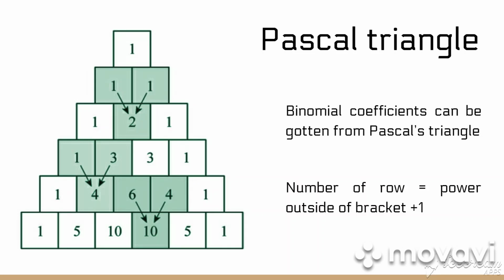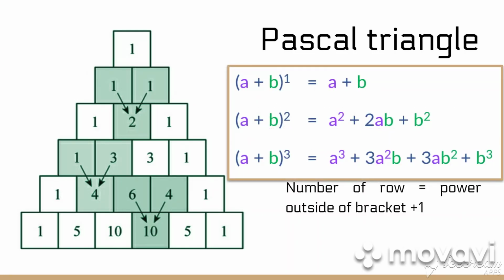But anyway, back to its connection with the binomial theorem. As I said before, it has some connection with the coefficients, and the number of the row shows the coefficients for the power outside of the bracket plus 1.